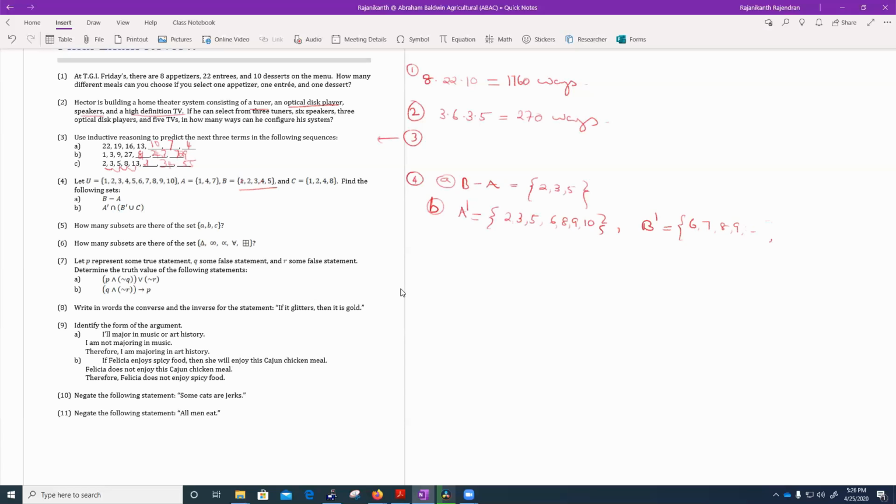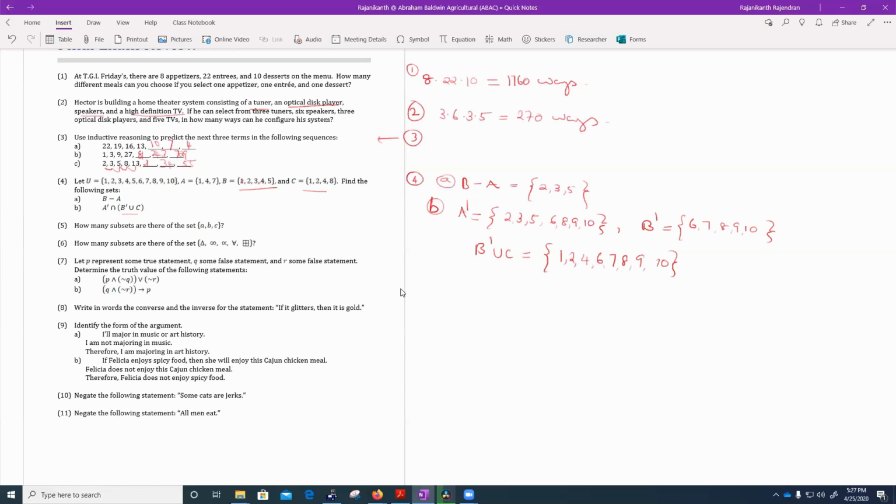Now we need B prime union C. That is basically combining the elements from B prime and C. C is here. So let us combine: 1, 2, 3 is not there, 4, 5 is not there, 6, 7, 8, 9, and 10, right? So this is my B prime union C.